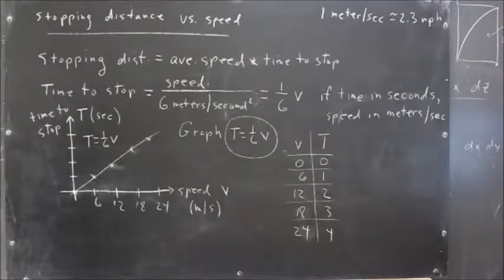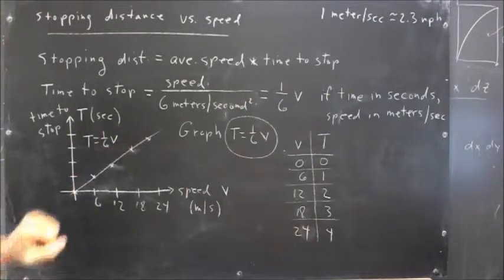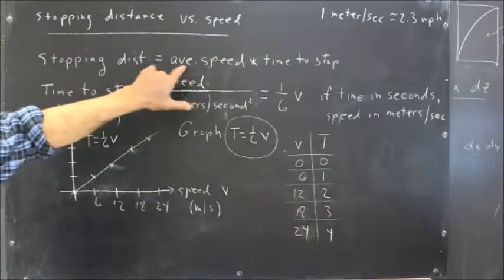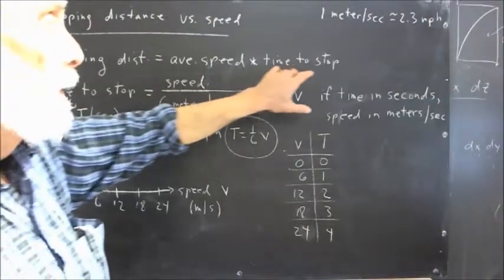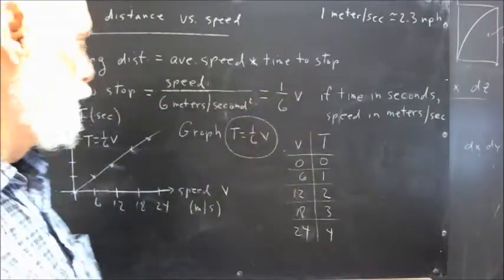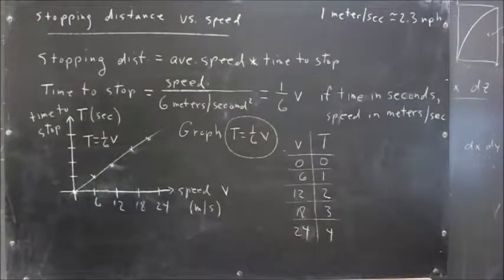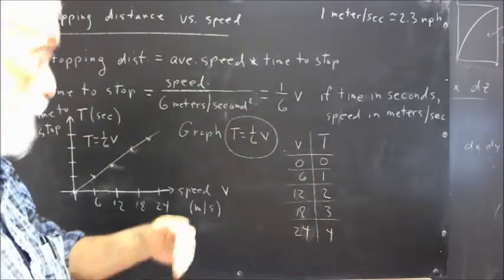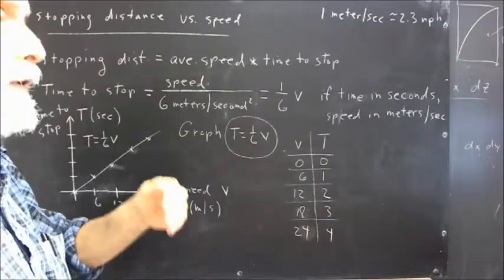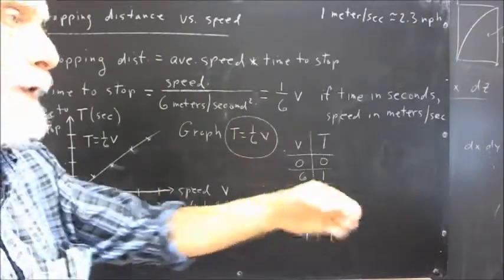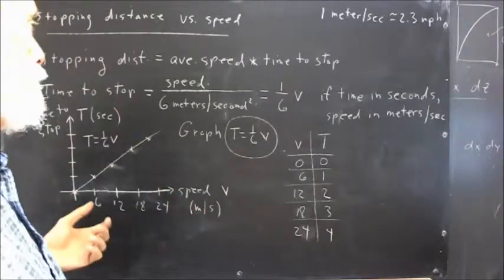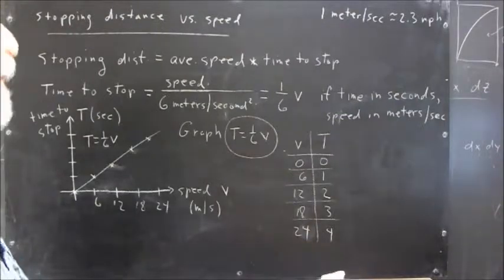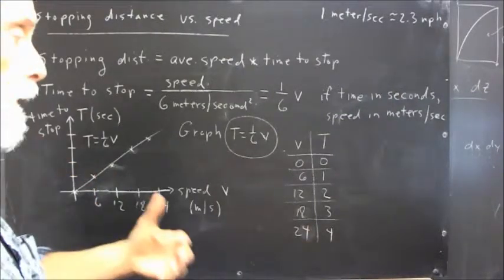Now what we're actually after is not the time it takes us to stop, but what is our stopping distance? To get our stopping distance, we multiply the average speed by the time to stop. Now, v represents the speed that we're traveling when we start to slow down. We're going to slow down from speed v to speed 0. So what would our average speed be? Why don't we just average v and 0?